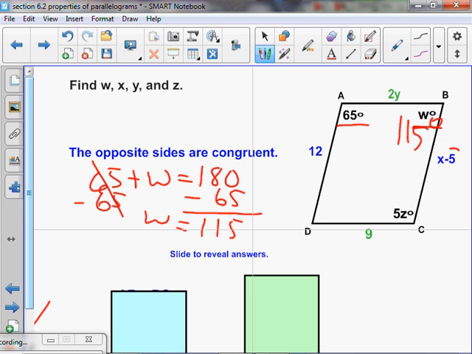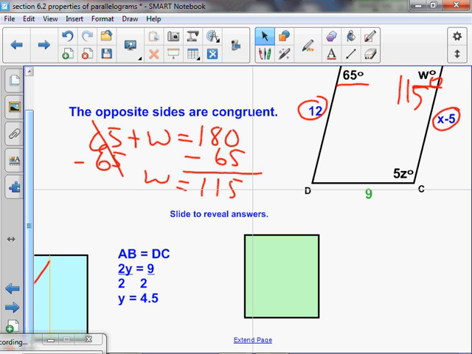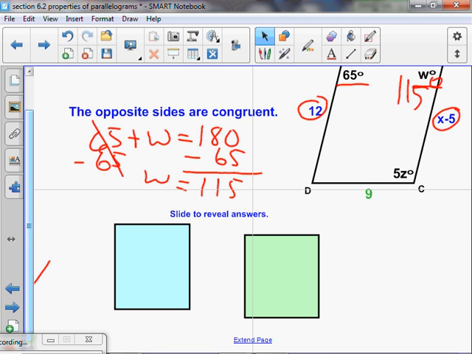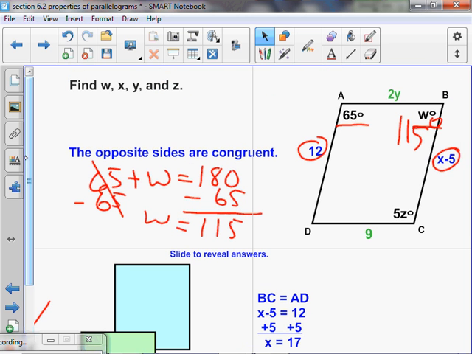Now we'll find X. Well, X over here is the side, and it is opposite to this side, 12. What's one other thing we know about parallelograms? From theorem 8 point something something. I'll allow you to use your cheat sheet, obviously. I know that BC and AD, that is this line here and this line here, must be congruent.